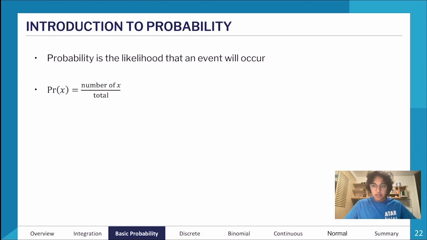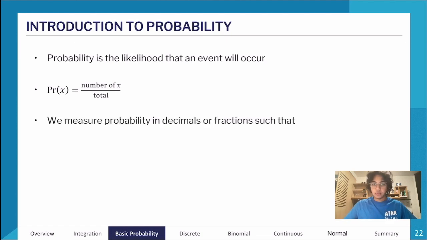For example, if I flip a coin 10 times and I want to know the probability of getting tails, I need to flip it 10 times and take account of how many times tails has popped up, and then I divide that. Theoretically it'd be 5, right? And so I'd do 5 divided by 10, and that'll give me the probability of getting a tails.